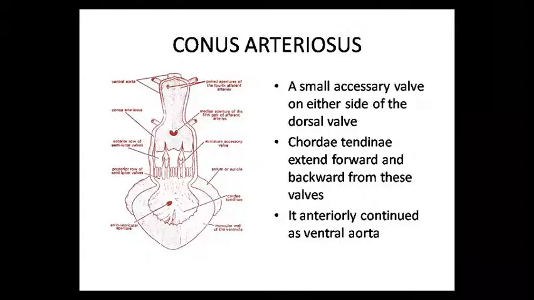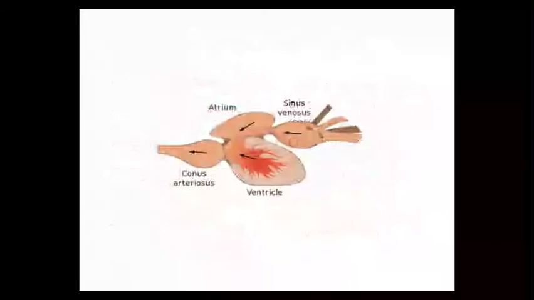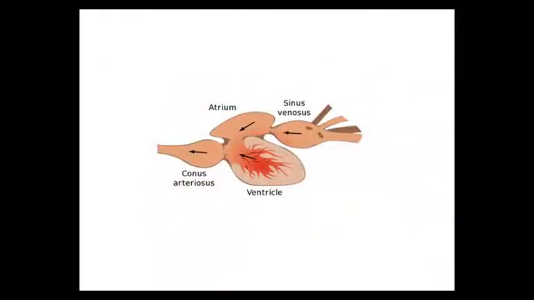A small accessory valve on either side of the dorsal valve is also present in this row. Chordae tendineae extend forward and backward from these valves and attach to the wall of the ventricle. The conus arteriosus anteriorly continues as the ventral aorta and supplies the blood, that is the deoxygenated blood, to the gills.